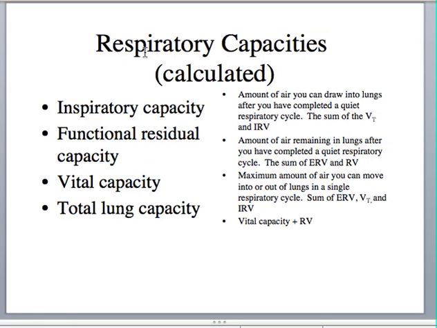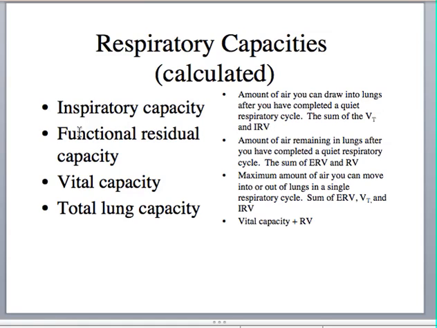Now, these are the respiratory capacities that are calculated. These are done by adding some of the volumes together. Your inspiratory capacity is the amount of air you can draw into your lungs after you've completed a quiet respiratory cycle. So it's the sum of the tidal volume and the IRV.